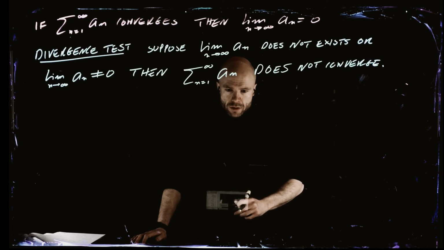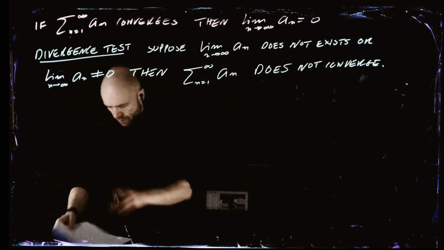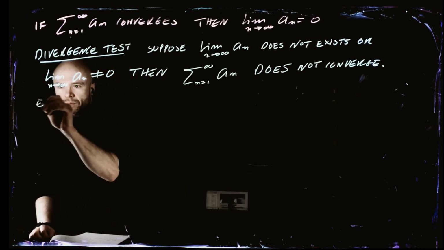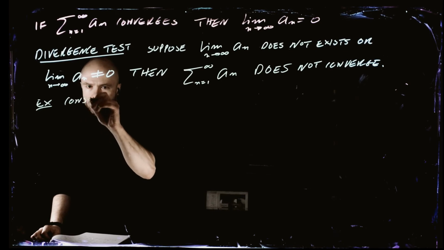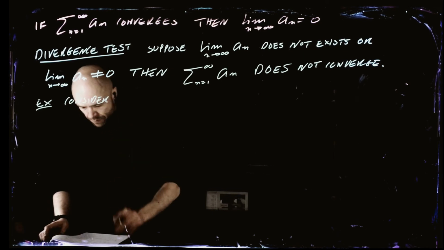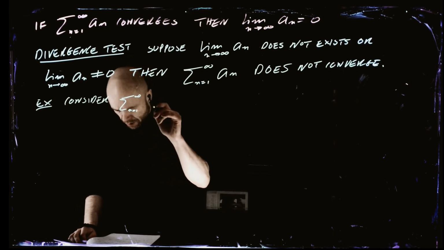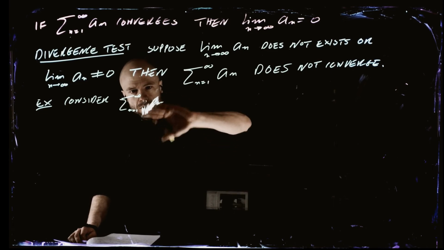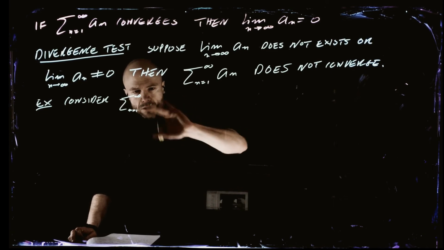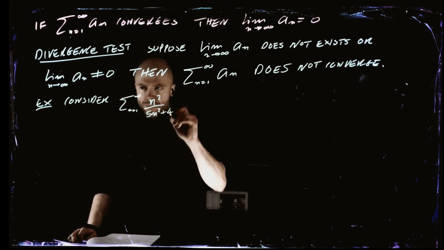Okay? And here's an example of how we use this. Look at this example. Consider the sum from n equals 1 to infinity of n squared over 5n squared plus 4.